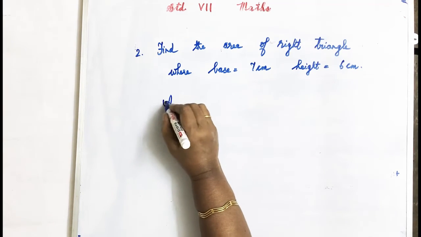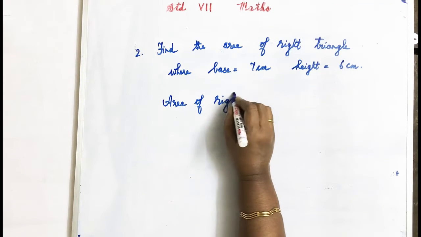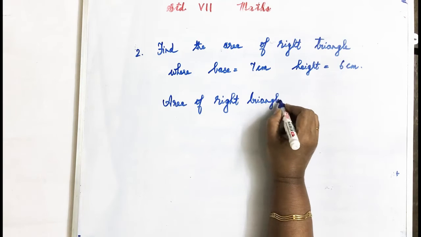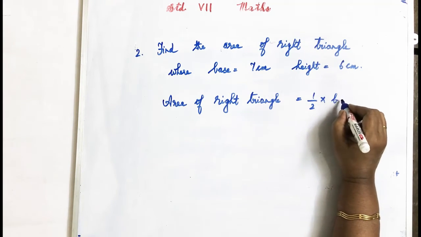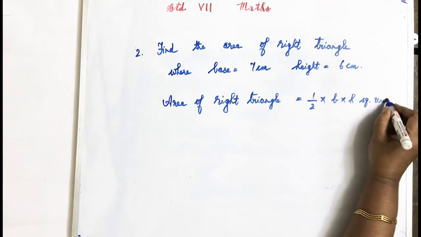Now what is the formula? Area of right triangle is equal to half into base into height square units.